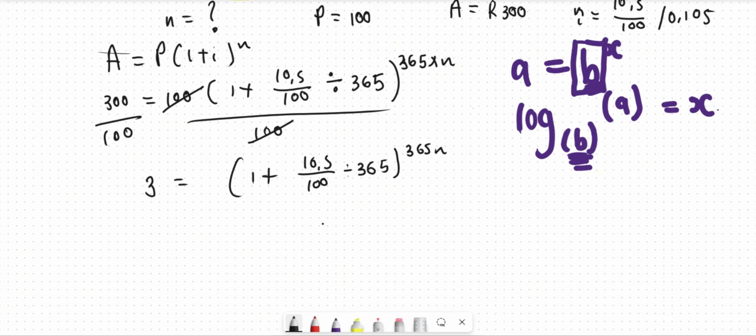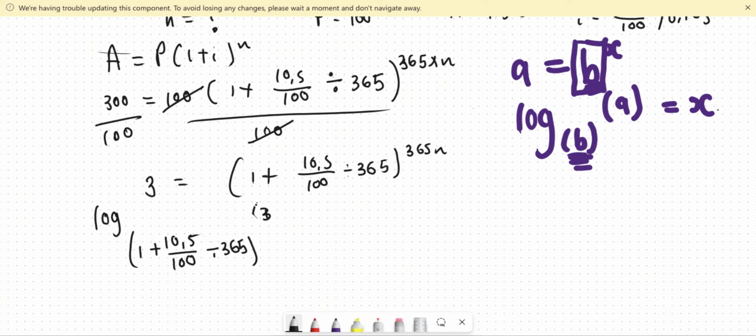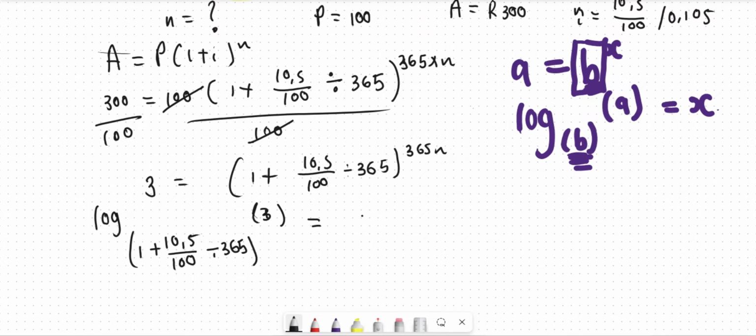So let's apply it in this question. I'm not going to evaluate those brackets. I'm going to leave them as is. It's the log base of this expression in the brackets, of the 3, and this whole thing gives me 365n.